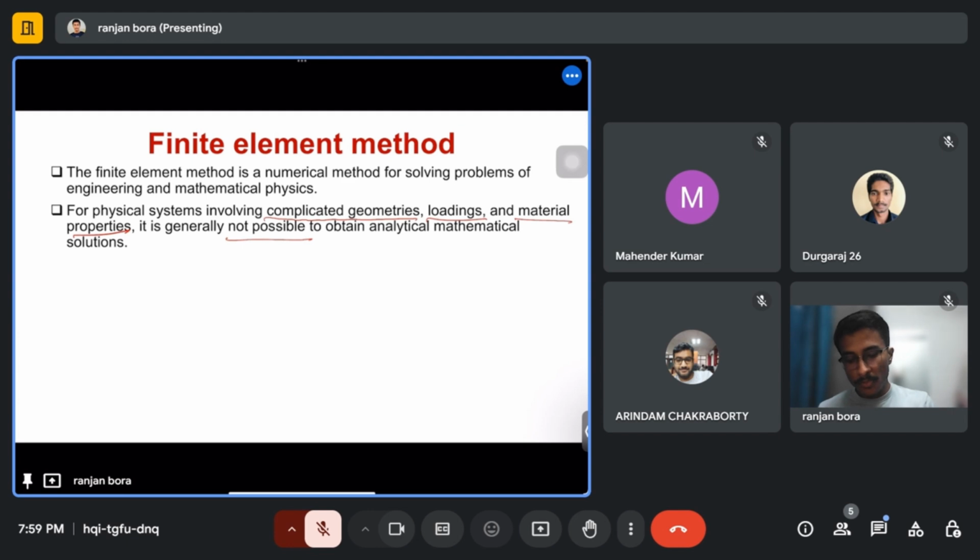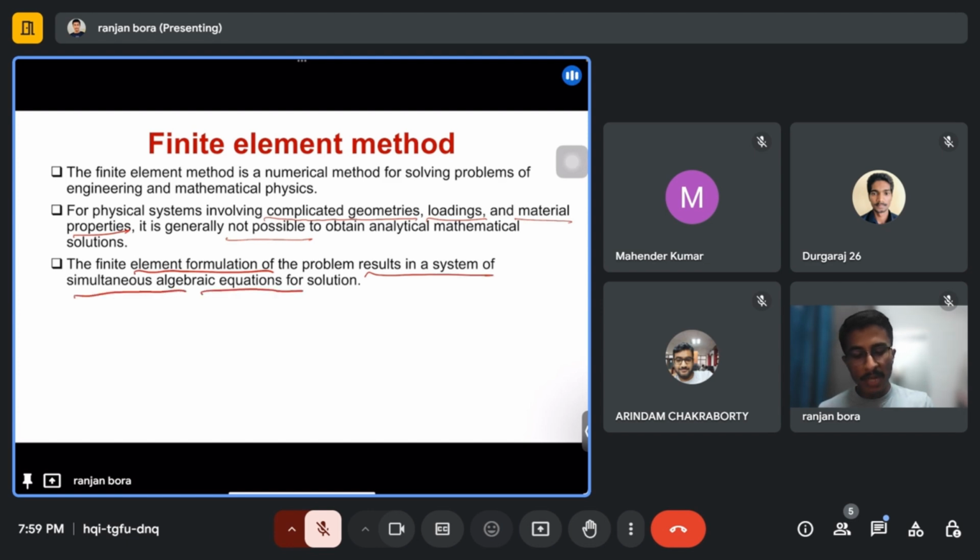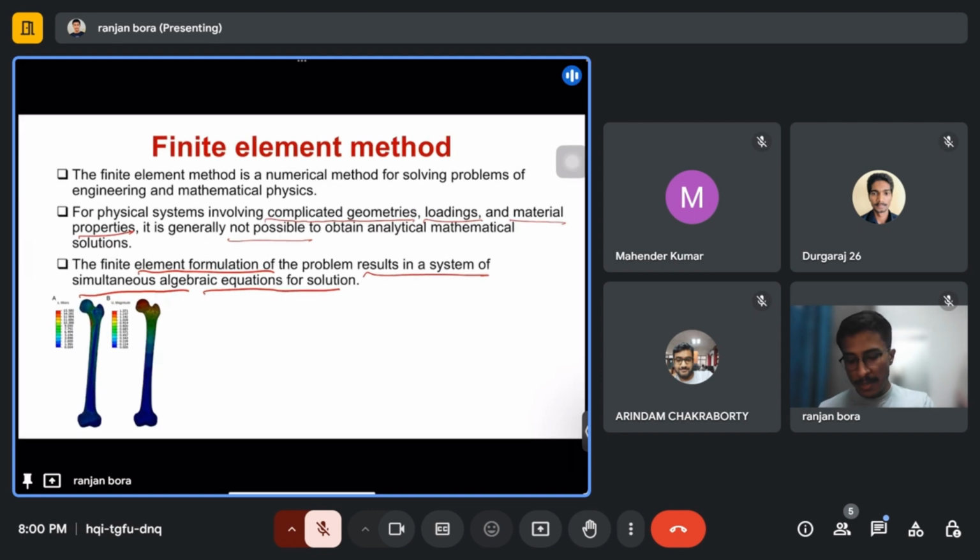So the finite element formulation results in a system of simultaneous algebraic equations for solutions. And in these figures you can see some already published results which involve the finite element analysis.